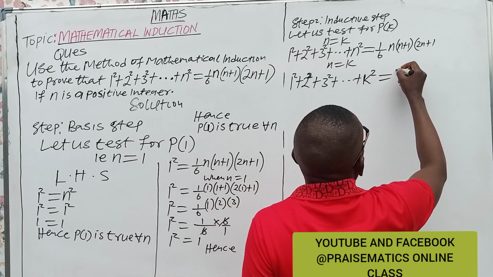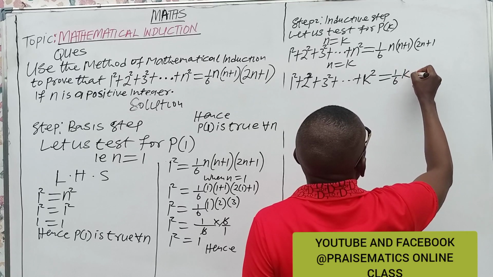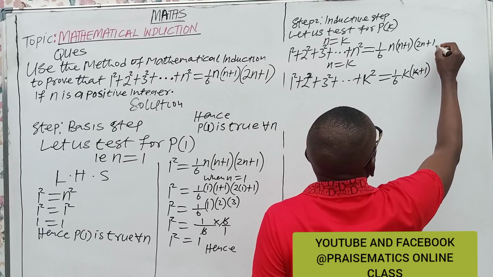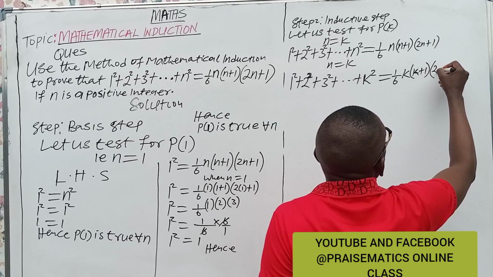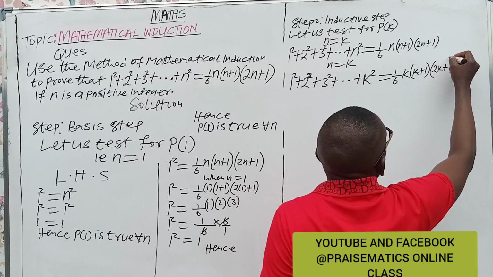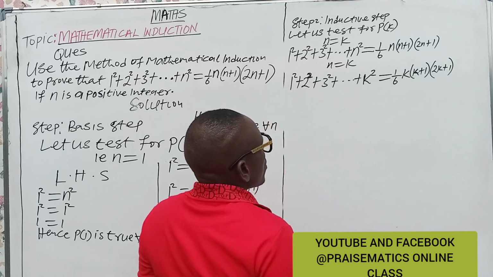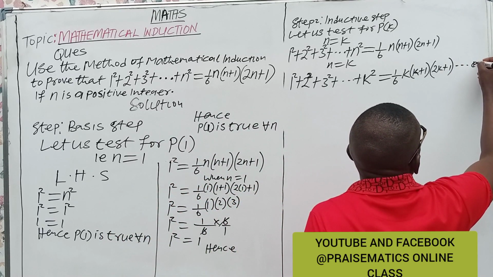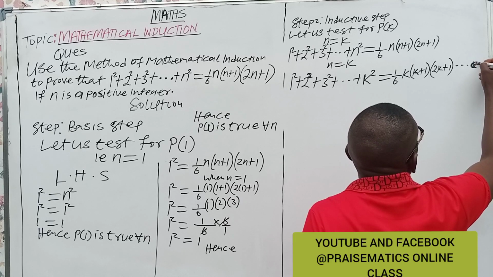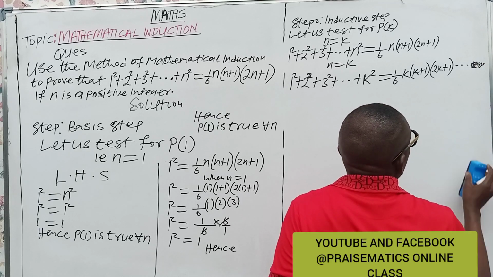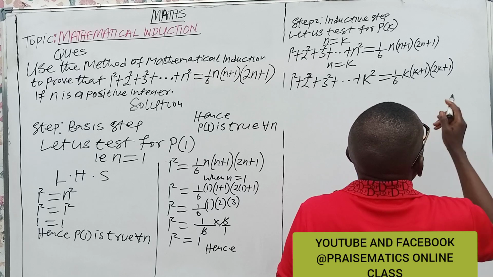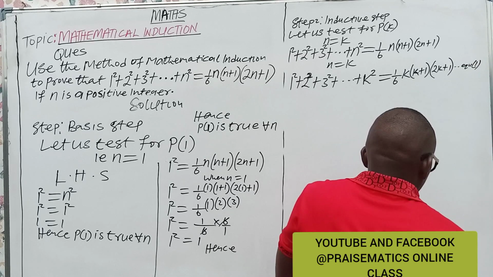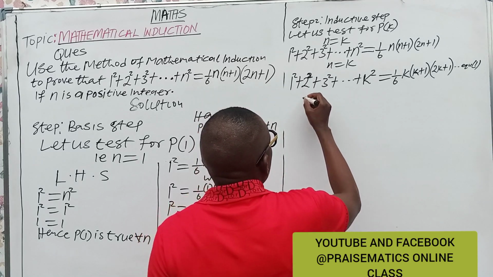Is it equal to 1 over 6 k into (k plus 1), close it, into (2k plus 1), close it? So we can call this equation 1. Equation 1. Okay. Now let's go.